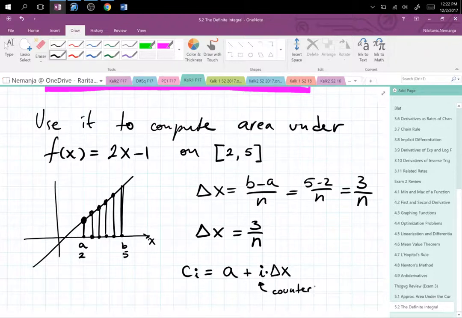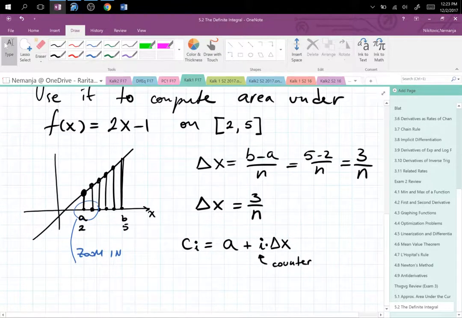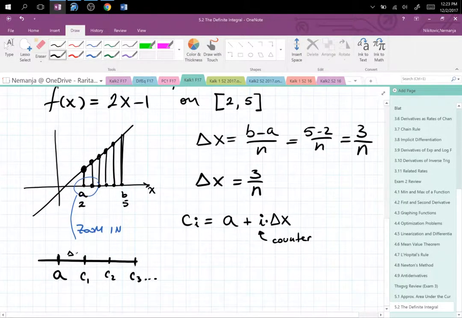So the first CI, the first location where you compute the function, is going to be at A. And then when I is equal to 1, if I zoom in, you see that this is delta x and delta x and delta x.